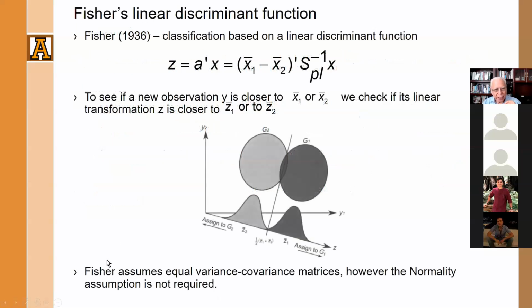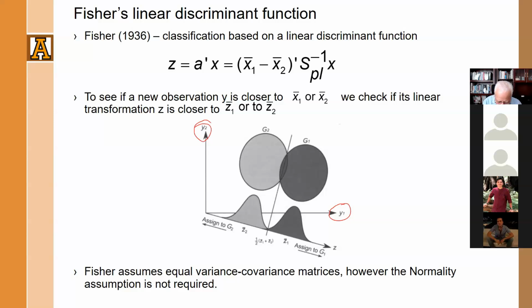Okay, this is the Fisher's discriminant function, and what we're doing again is we're rotating our axis so that when we start working in the new axis, notice here these are my original axes, my y1 and y2.